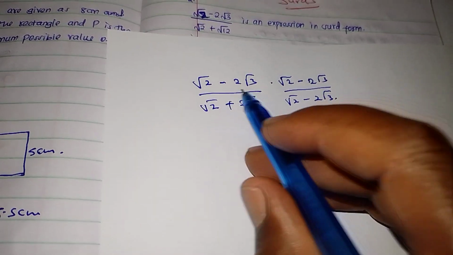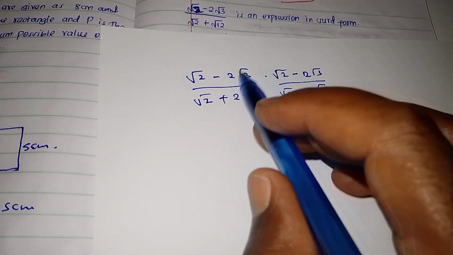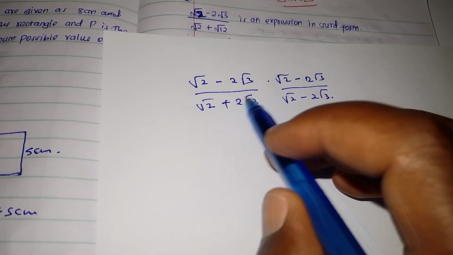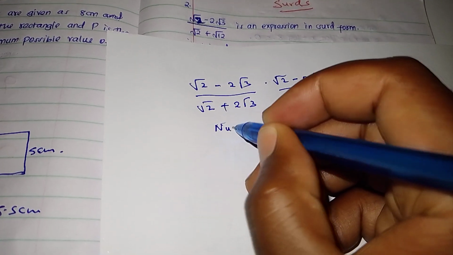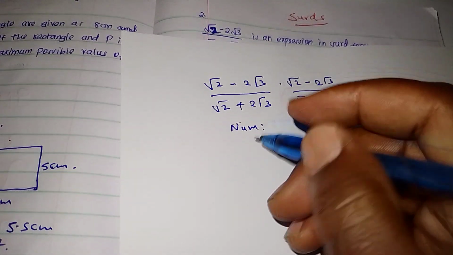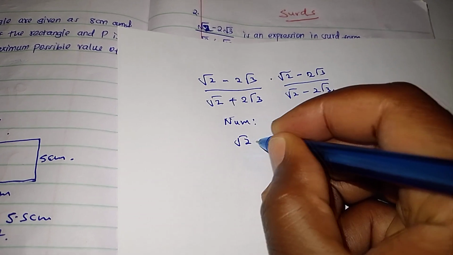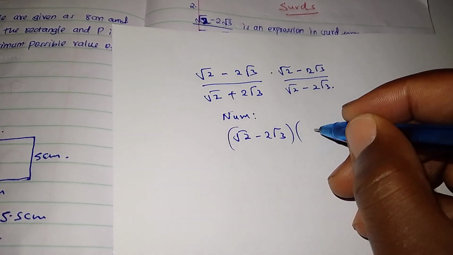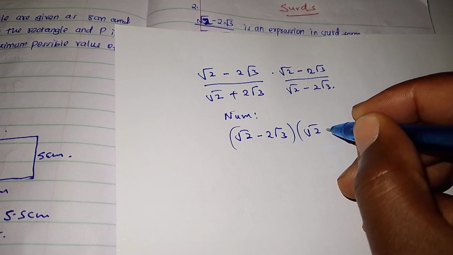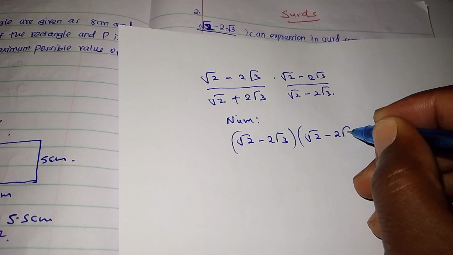It's just a matter of multiplying the components in the numerator and the components in the denominator and then simplifying. So in the numerator we have root 2 minus 2 root 3 expanded together with root 2 minus 2 root 3.